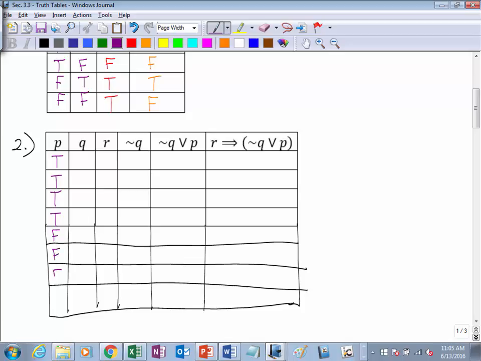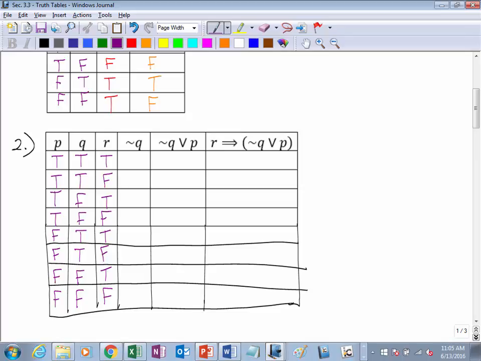T, T, T, T, F, F, F, F. And then under Q, I'm going to do T, T, F, F, T, T, F, F. And then under R, I'm going to do TF, TF, TF, TF. And that gives me all the possible combinations for true and false for those three letters, P, Q, and R.